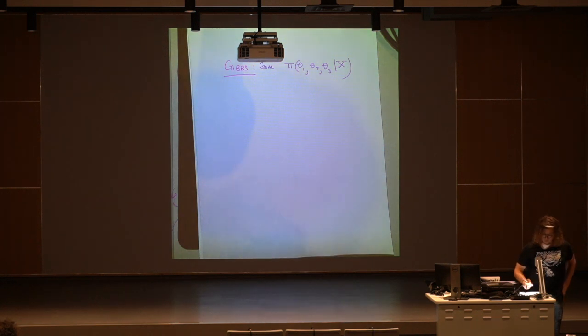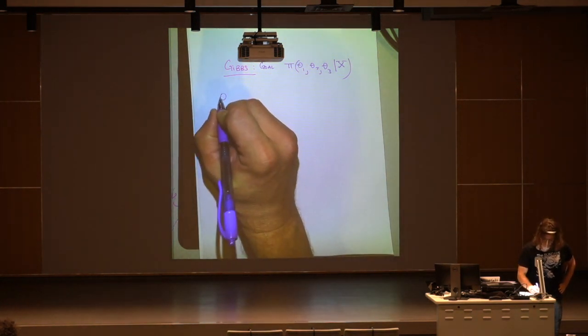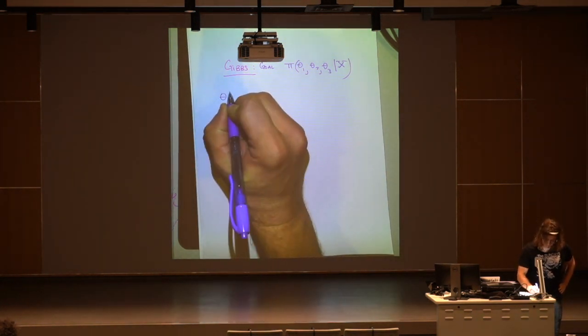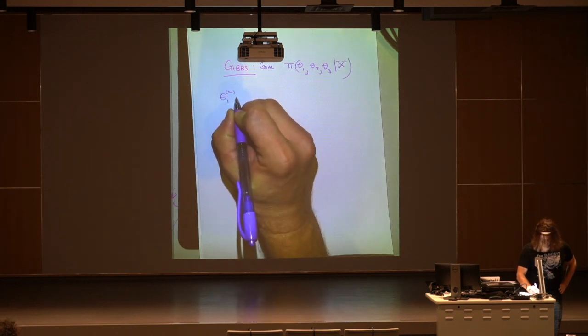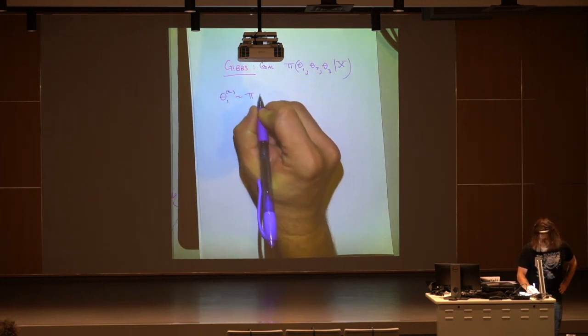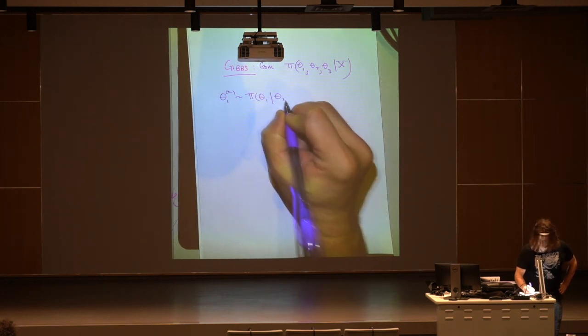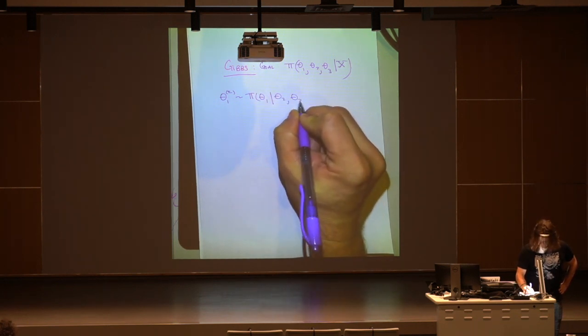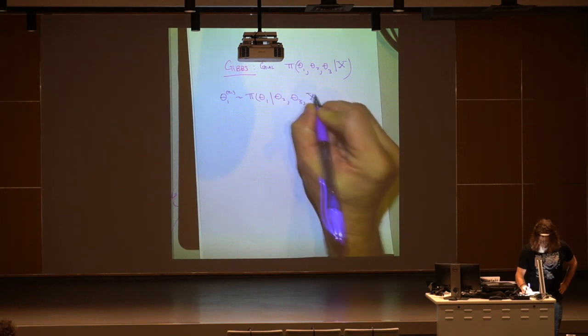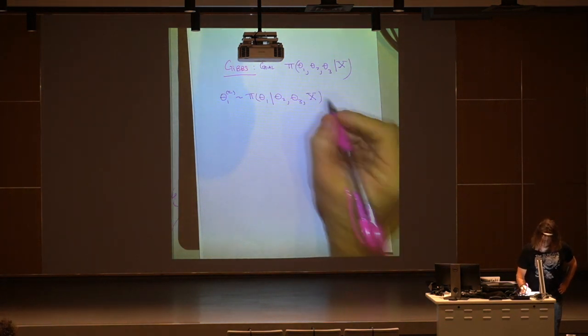So here's what a Gibbs sampler does: you first sample theta 1. I sample it from its full conditional distribution, then theta 2, then theta 3. So this is the full conditional.